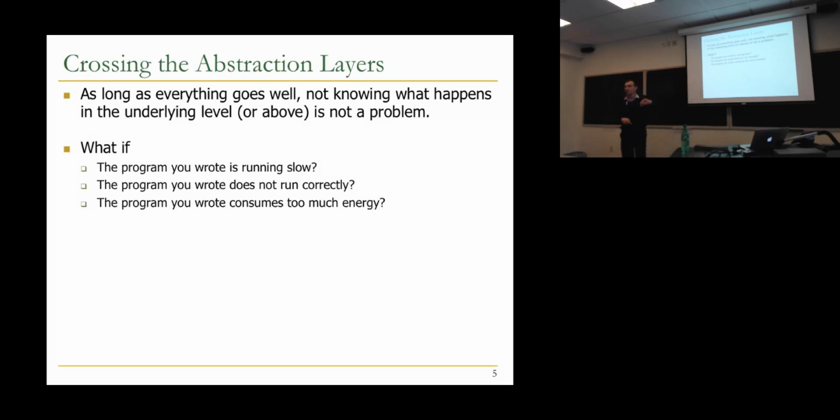For example, what if you write a program and it's running really slowly, and you have no idea why? Well, it's gone through all of these transformations. If you know how those transformations transformed your program, then you could do something about it. Perhaps you could write your program such that the underlying levels can optimize it much better. For example, one example of this we'll cover when we get to caching is that modern computers have caches.